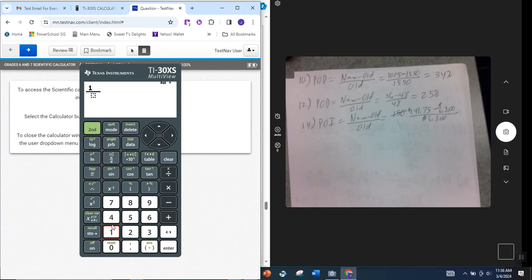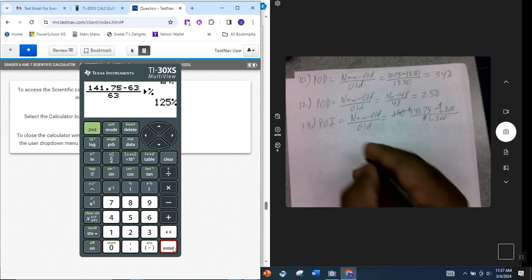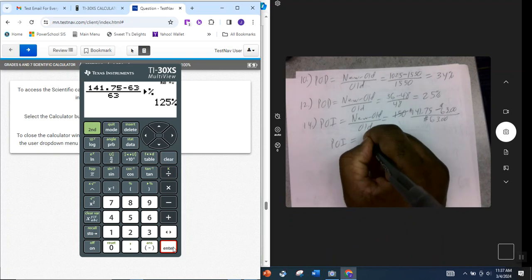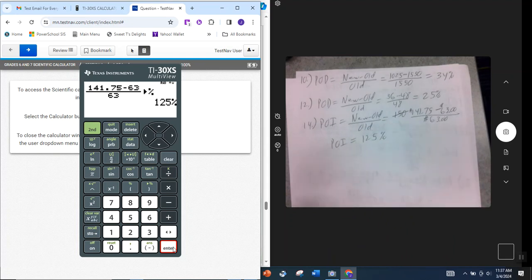We have 141.75 minus 63. We hit our down arrow, hit 63 again, and then we'll hit the right arrow, second function, close parenthesis, and hit enter. So it'll be 125%. So our percent of increase is 125%.